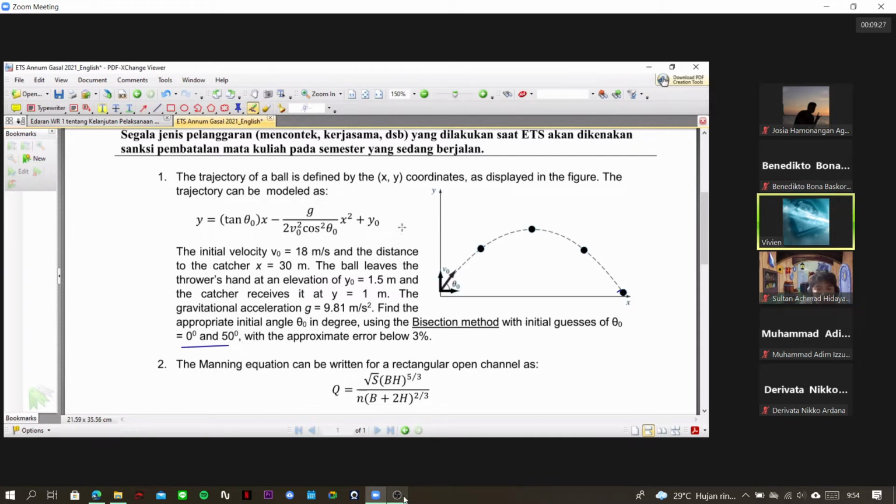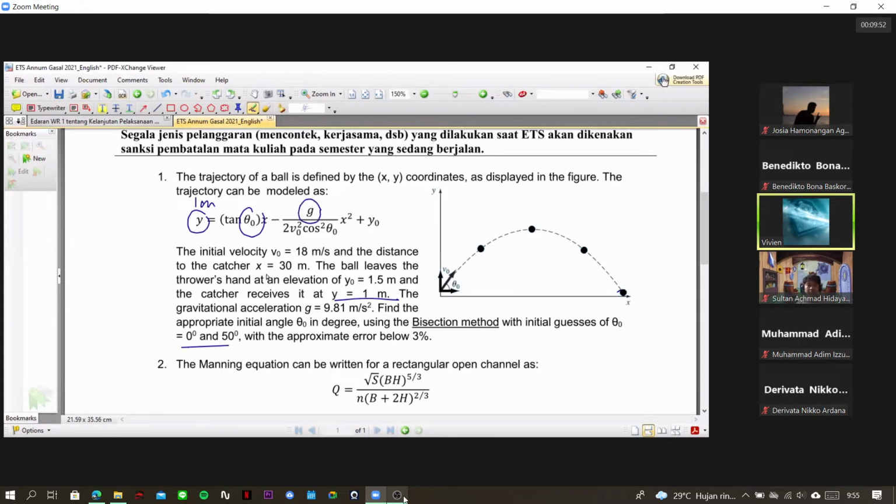Because this is a problem of finding the root, finding the value of theta 0 which will satisfy this equation, we see that y is 1 meter, so we can insert the value here, 1 meter. And then we have the gravitational acceleration already.